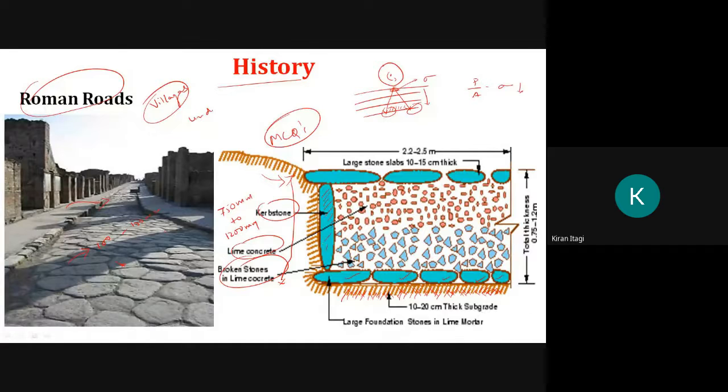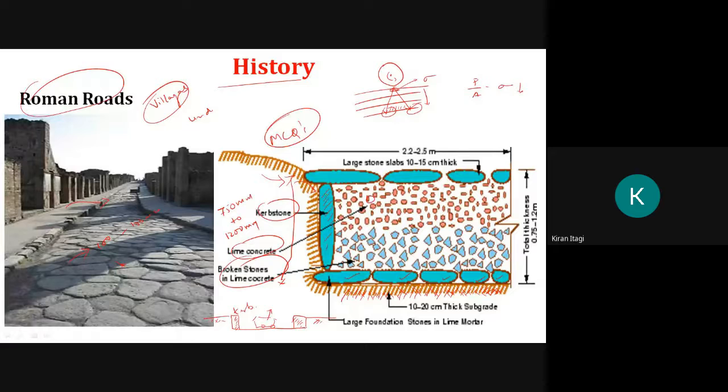Nowadays, if this is a road, at this side near the footpath, this is my footpath, and here is where the car is going, this supporting element is what we call a curb. They provided the curb so that the mud won't fall down.